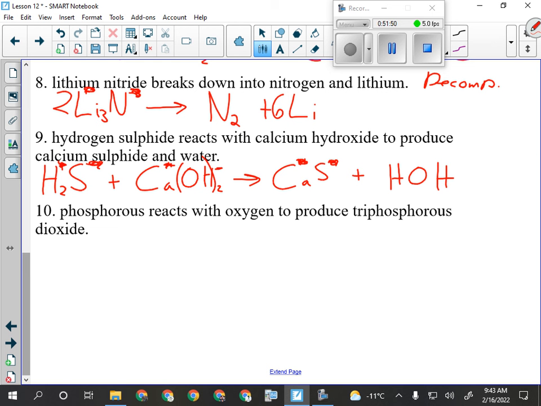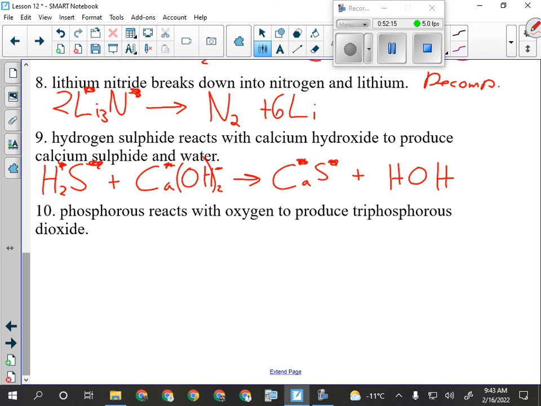The reason is, it's way easier for me to balance it if I can trace where everything comes from. I know this OH here came from here. If I write it as H2O, then I'm tracking hydrogens and oxygens separately, and it's more involved and more difficult. It's much easier to write things on the product side as they appeared on the reactant side.